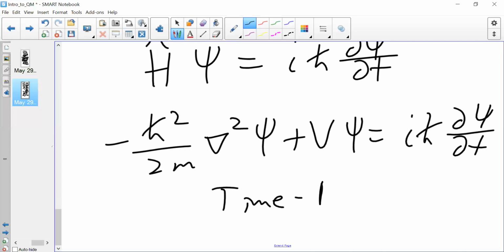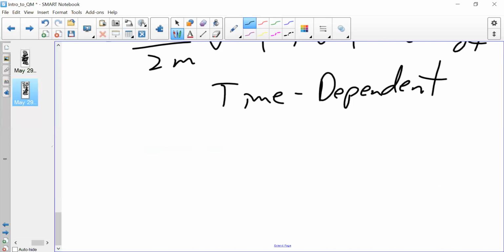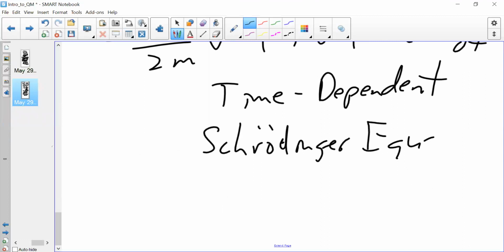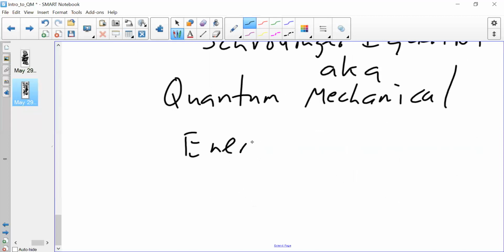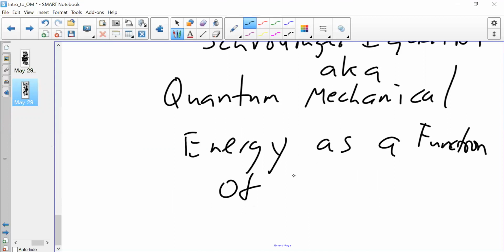Time dependent Schrodinger equation, aka quantum mechanical energy as a function of time.